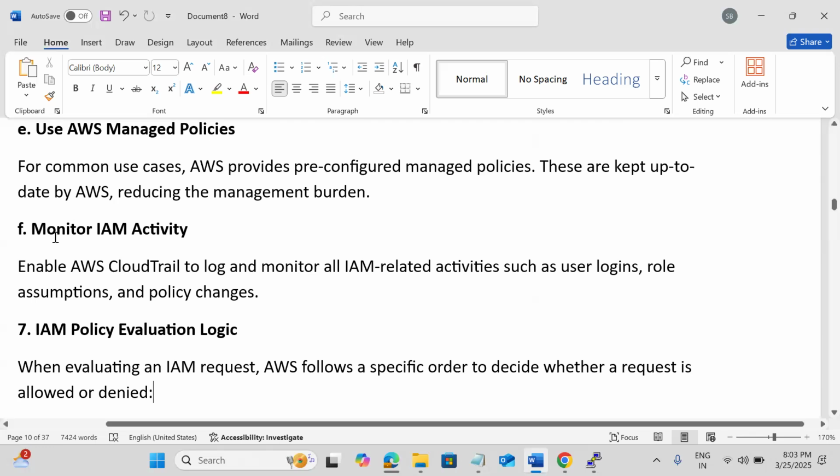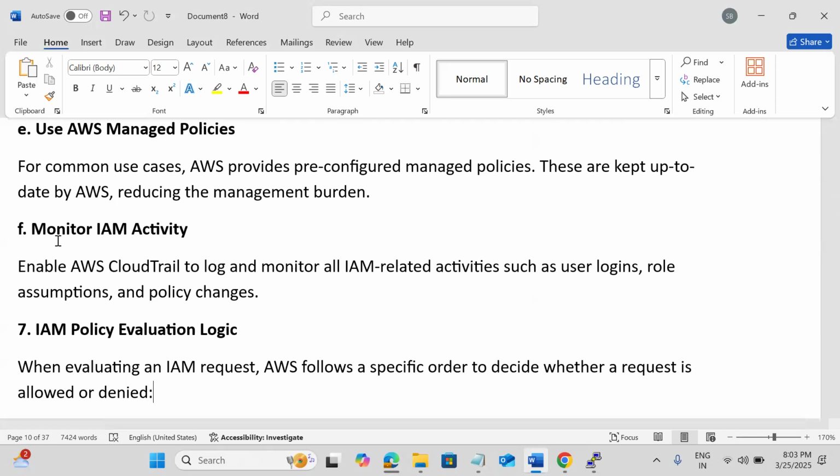Every week, make sure we monitor our cloud infrastructure, all the activities and account logins. It is better to audit all those services.